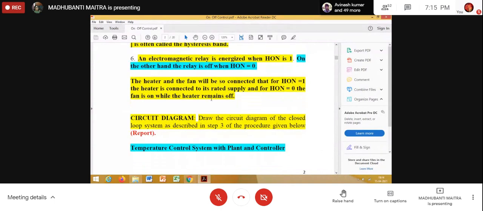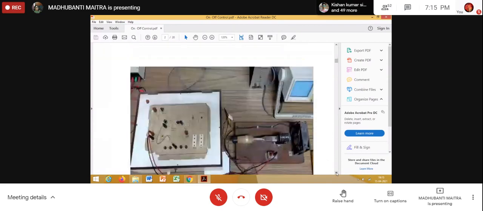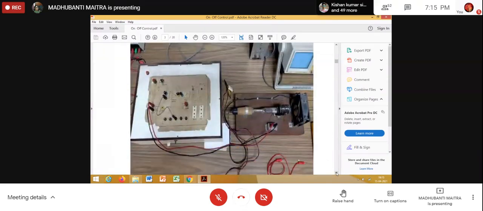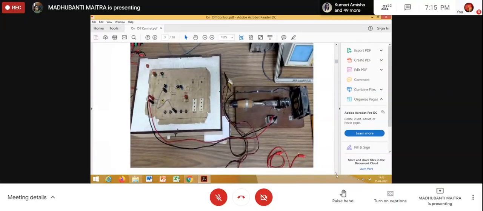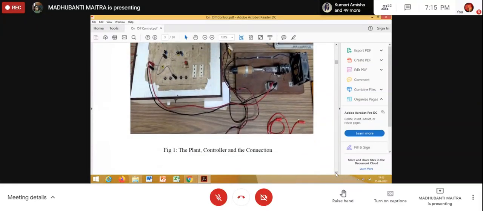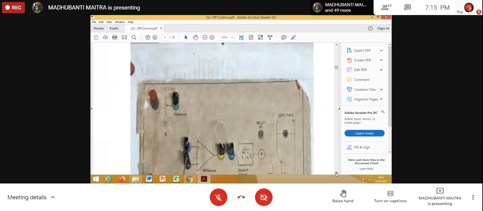This is important: the heater and the fan will be connected so that when H on is equal to 1, the heater will be connected to its rated supply, and when H on is 0, the fan will be connected in the phase. I've already shown you the diagrams.